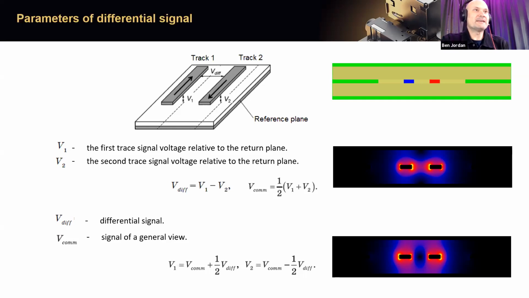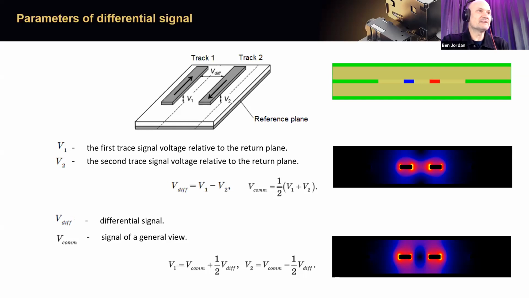And we'll have equal distances from the reference plane to each strip line or microstrip, and we'll have a differential voltage between them. And so we look at V1, that first trace, track 1, in the image there. It's the first trace signal voltage relative to the return plane. So that's our true.